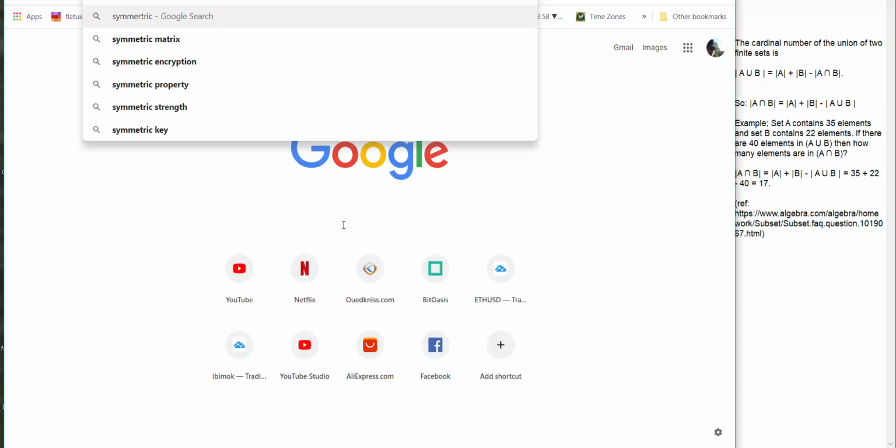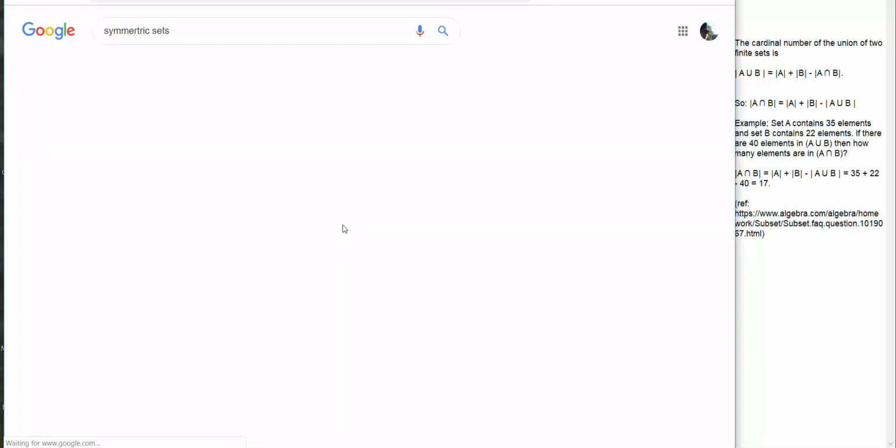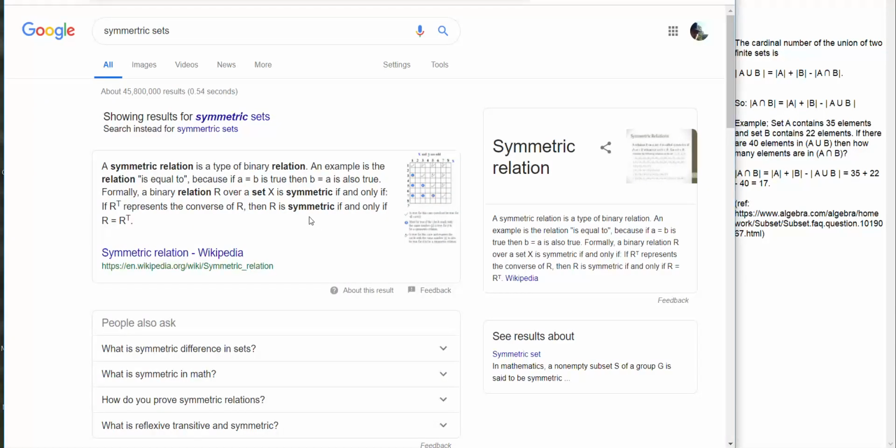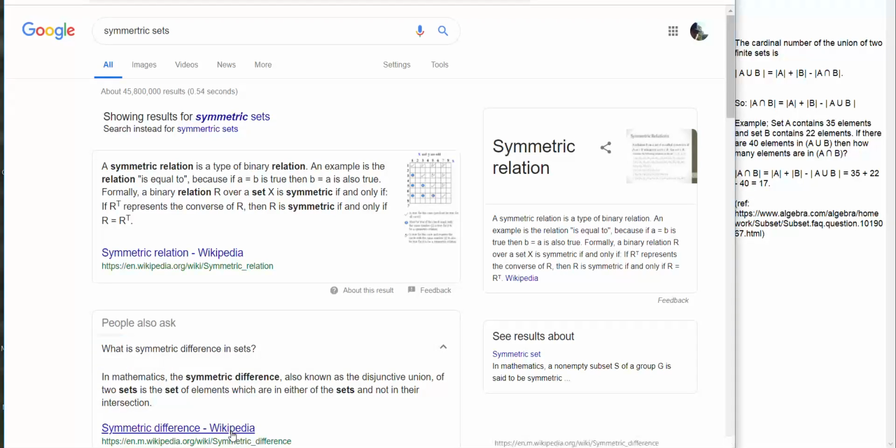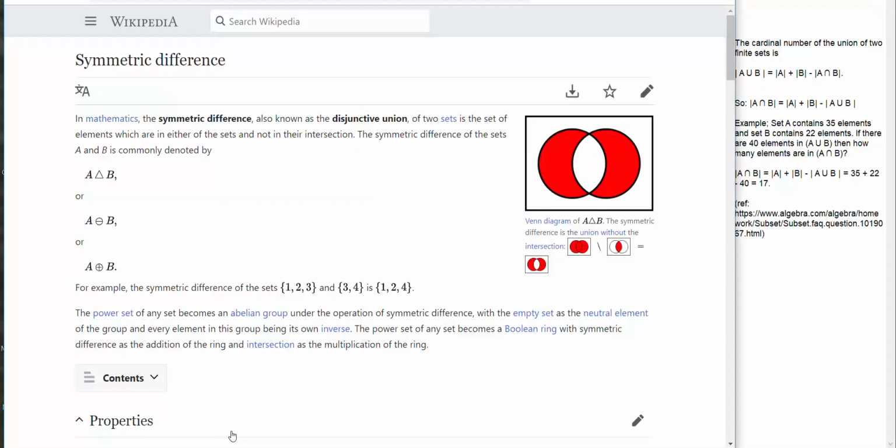Symmetric is a type of symmetric difference. Okay, this is what we're looking for.